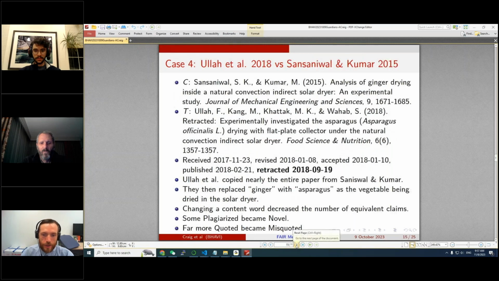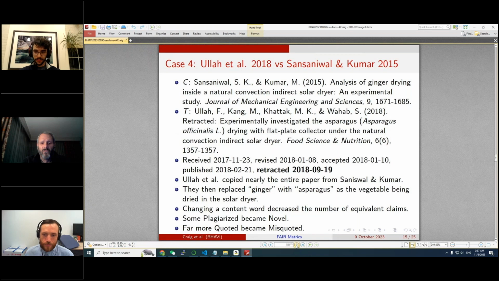All right, and now a more unusual case is Ola et al. plagiarizing from Saniswal et al., or Saniswal and Kumar rather. So Ola et al. basically took the entire paper in which Saniswal and Kumar demonstrated a solar-powered convection dryer, wherein the vegetable being tested with the dryer was ginger, and they just changed the name of the vegetable to asparagus all through the text.